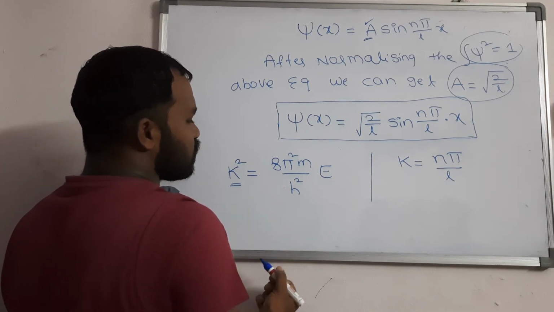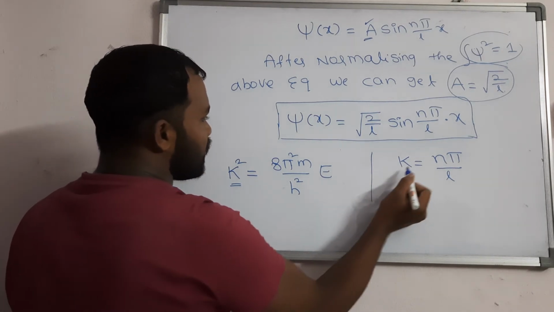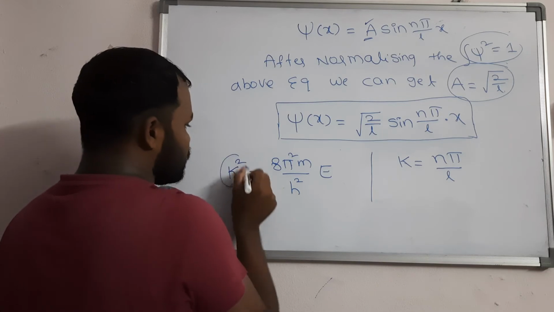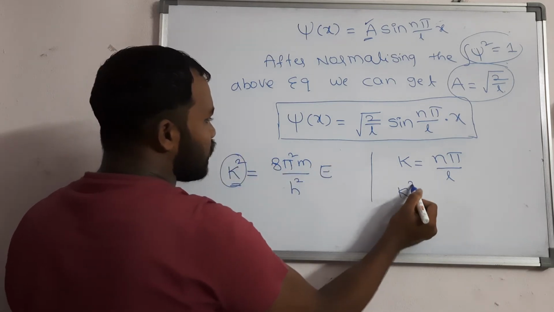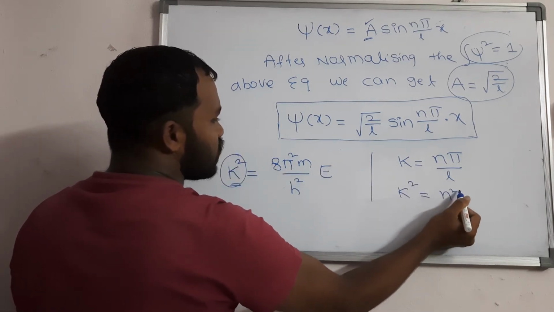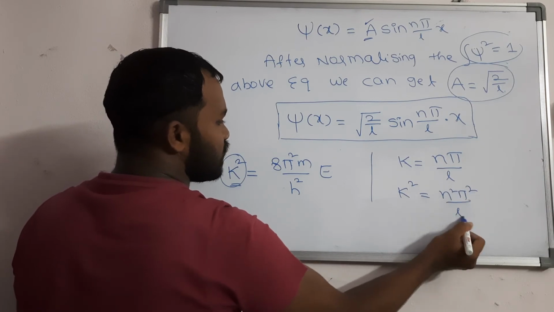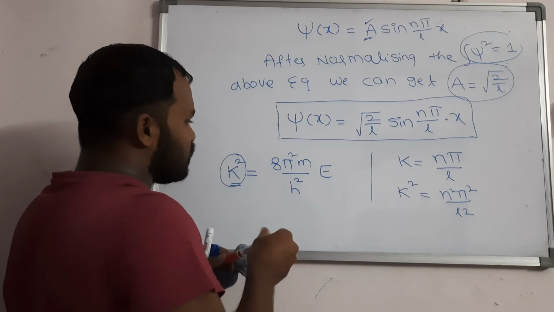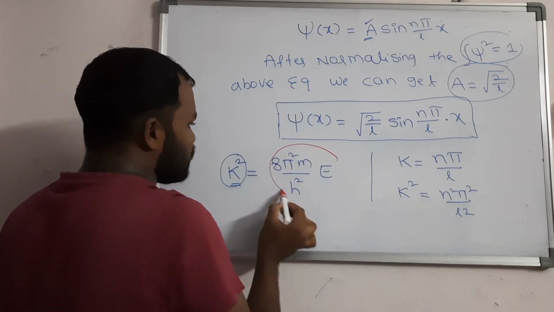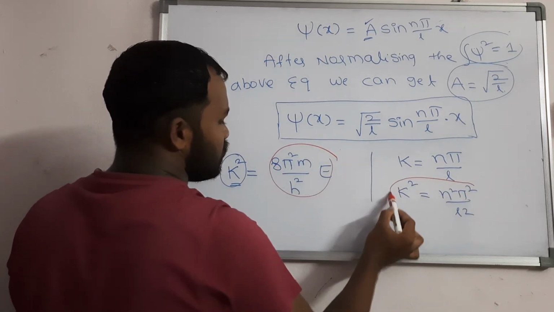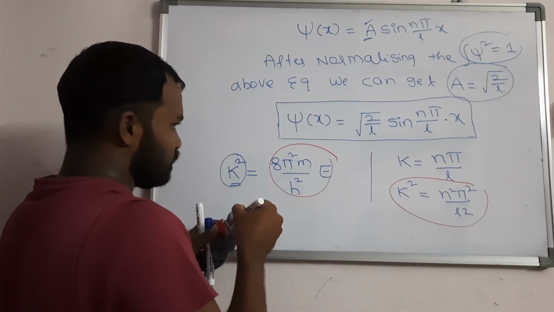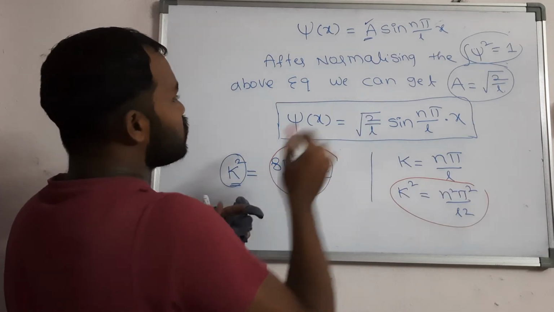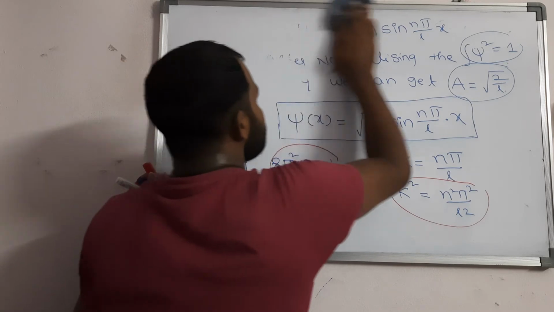If you observe clearly, here k square is there. If you want k square, do square on both sides. What will you get? N square pi square by l square. So now you can say that this value is equal to this value. What do you get? K is equal to n pi by l, right?